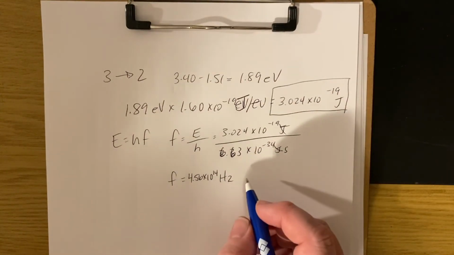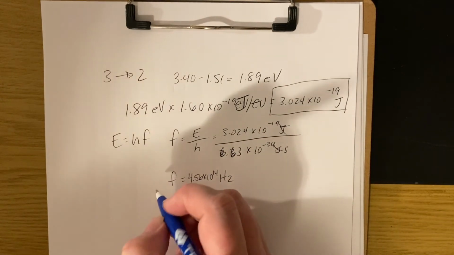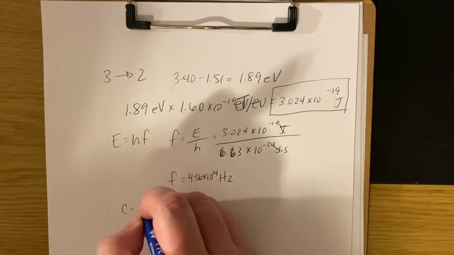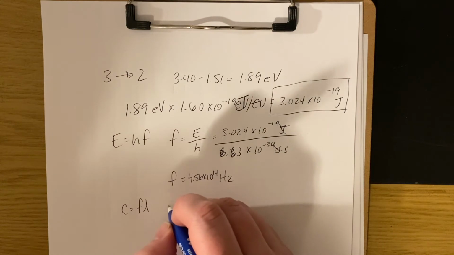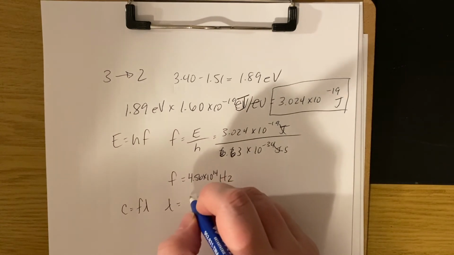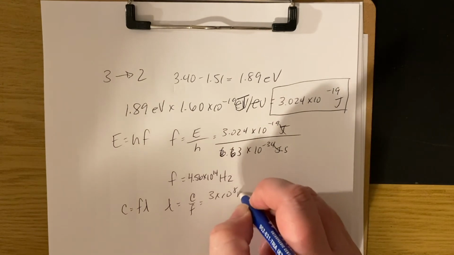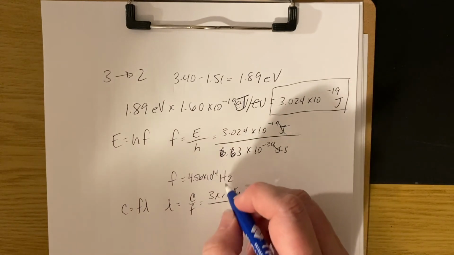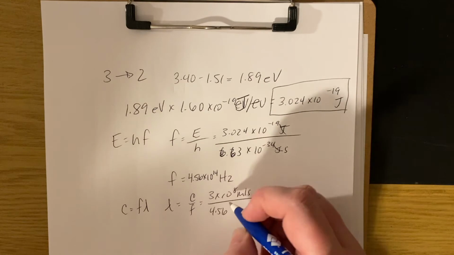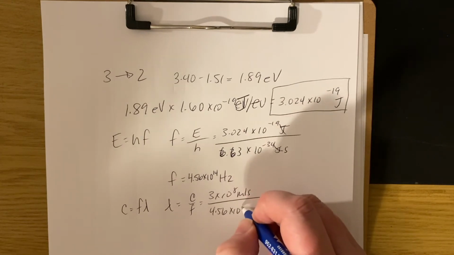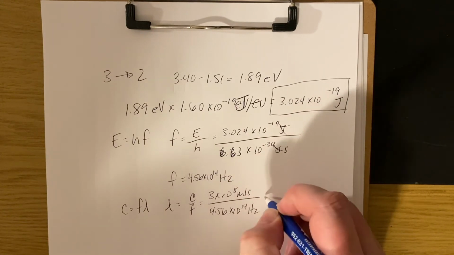But if we were to figure out where that falls in the electromagnetic spectrum, we could take c equals f lambda. So we would say our wavelength is equal to c over f. So 3 times 10 to the 8th meters per second over their frequency of 4.56, so super high frequency, times 10 to the 14th hertz.